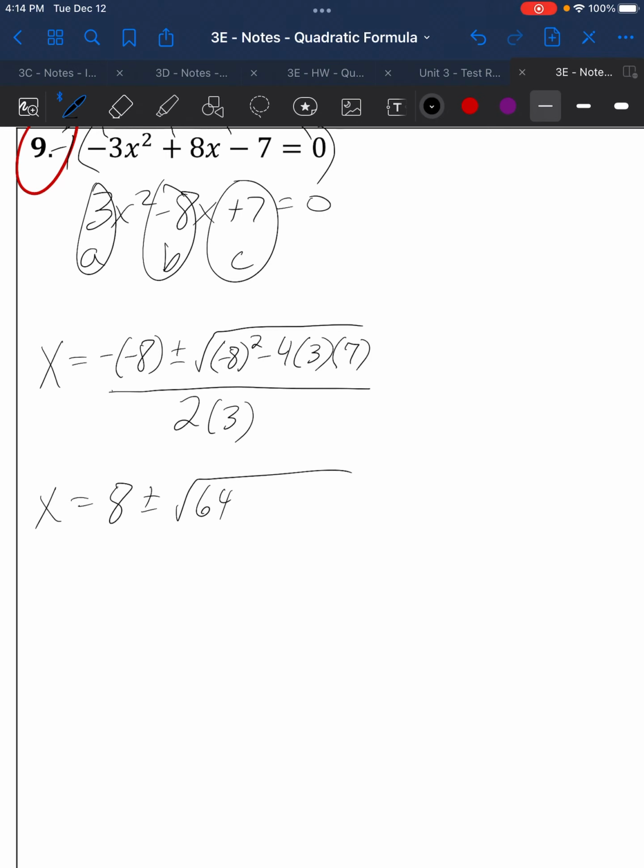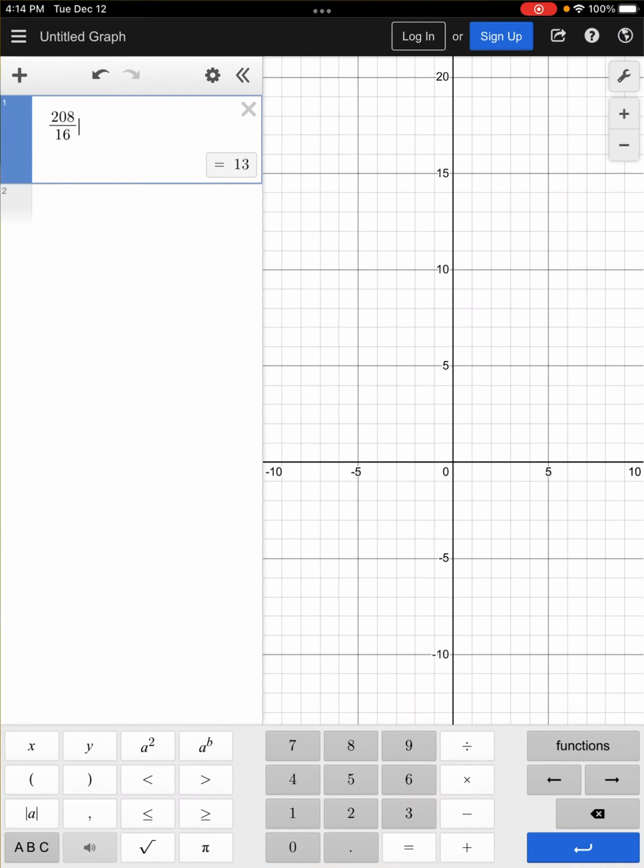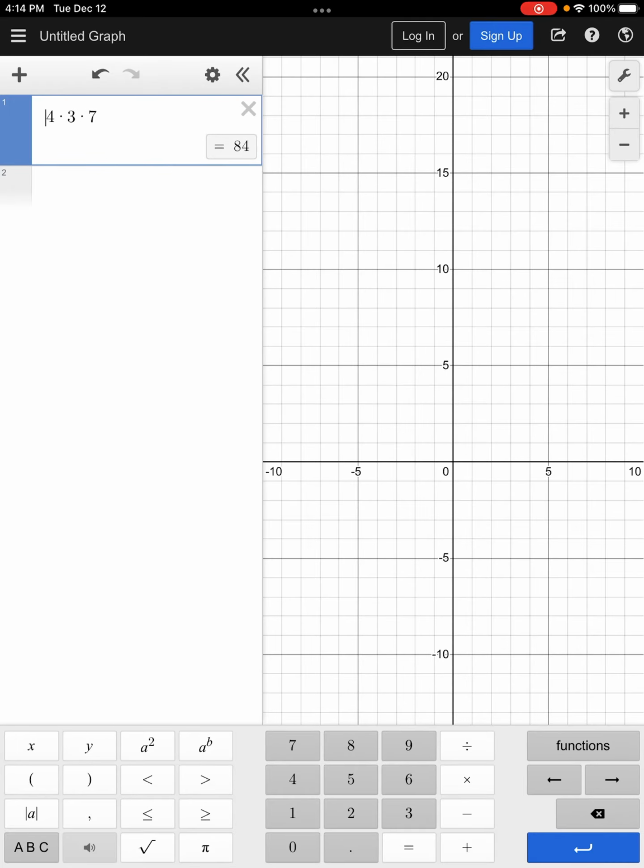Negative 8 squared is 64. And we have 4 times 3 times 7. Probably should do that on Desmos. 84, I think. So 4 times 3 times 7 is 84, I believe. Let's check it out. 4 times 3 times 7.